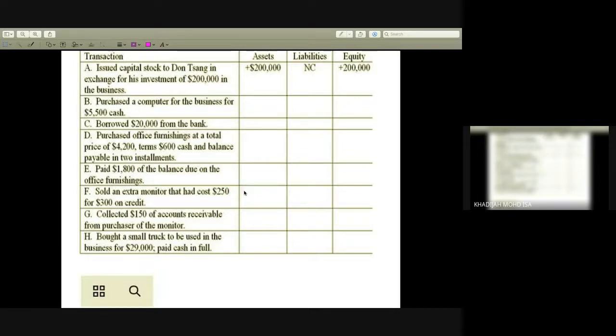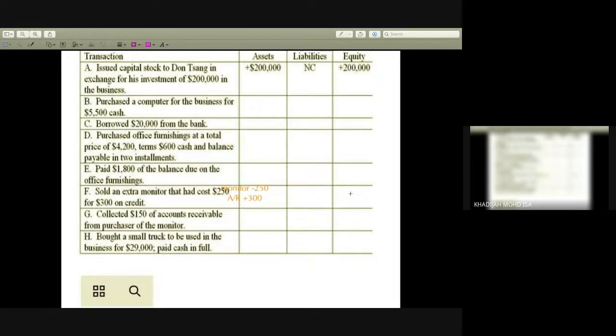Okay. This one, you have your monitor less monitor. Now delivery. Monitor minus 250, but then you have accounts receivable, you have plus 300. So here you also have a credit plus, what do you call that?